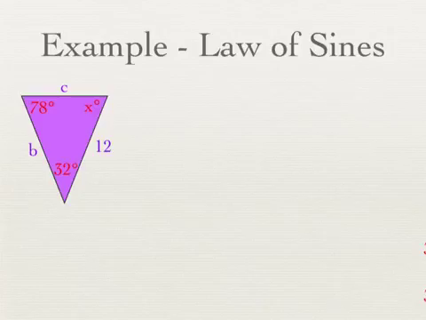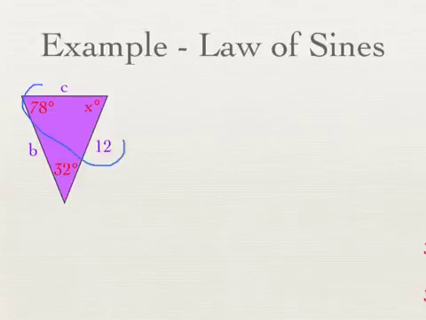Looking at this, where do you see a completed pair, meaning you have an angle and a side across from each other? 78. Okay, so if I wanted a completed pair where I knew both values, I have the 78 that goes with the 12, right? Where do you have a pair that's like half complete? Yeah, the C and the 32.